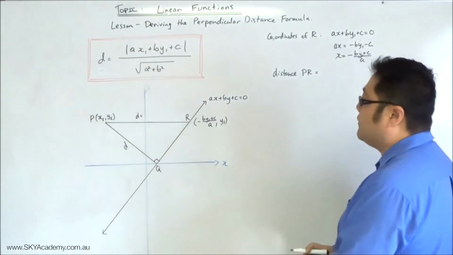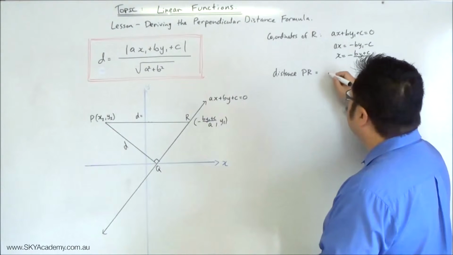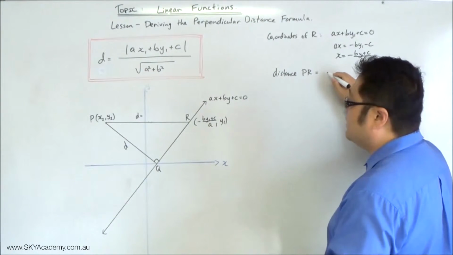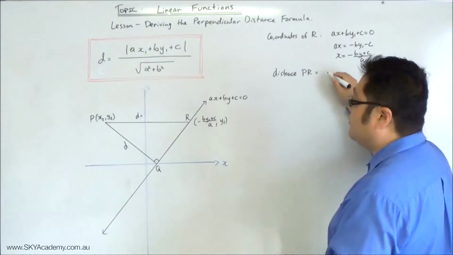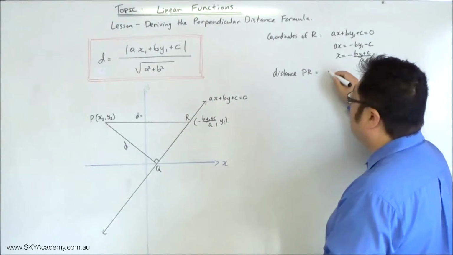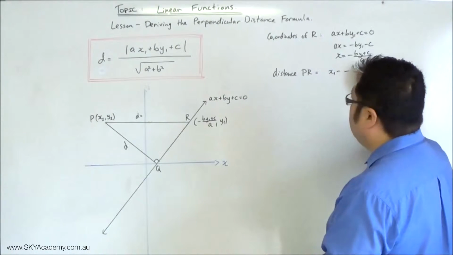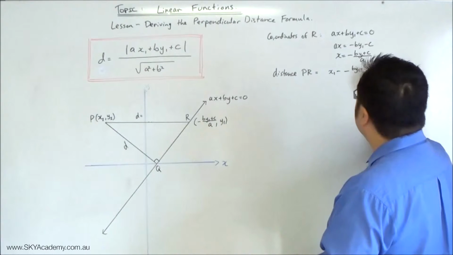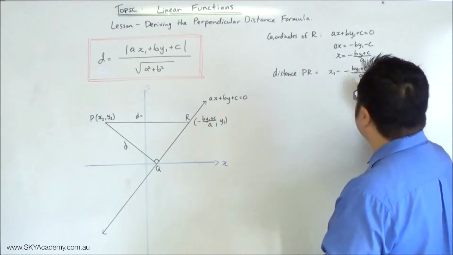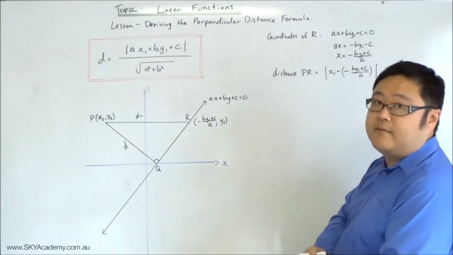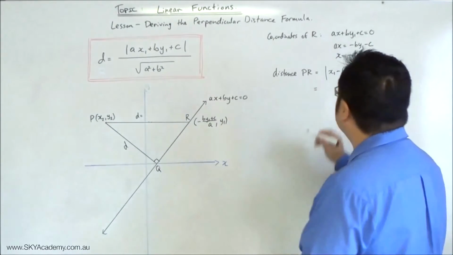So basically what you've got is x1 minus (minus by1 plus c) over a, and it'd be the absolute value of that. Yes? So let's work that out.